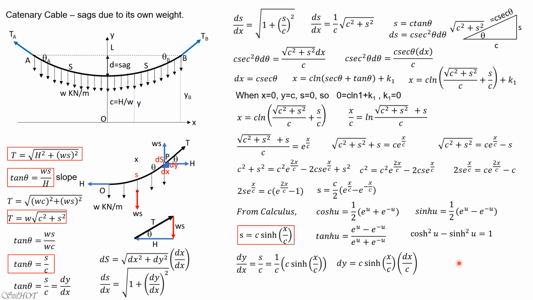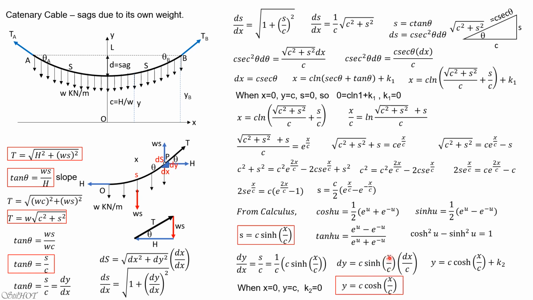So dy dx is sine hyperbolic of x over c, or dy equals c sine hyperbolic of x over c dx. But because we want to derive the equation of the catenary, so you have here dy equals c sine hyperbolic of x over c, and we put this c here into the denominator of the differential of x, so that this is in the form sine hyperbolic of u.